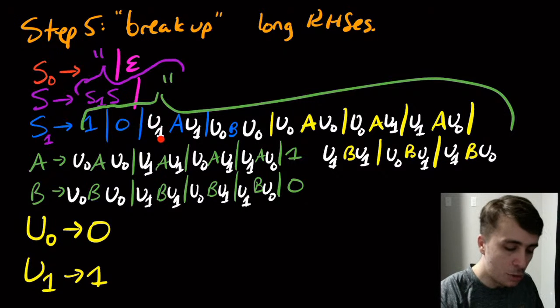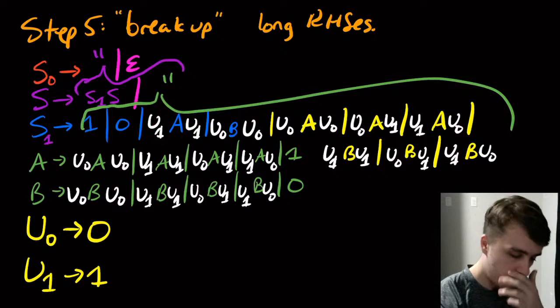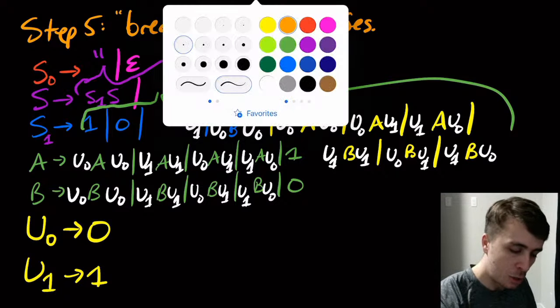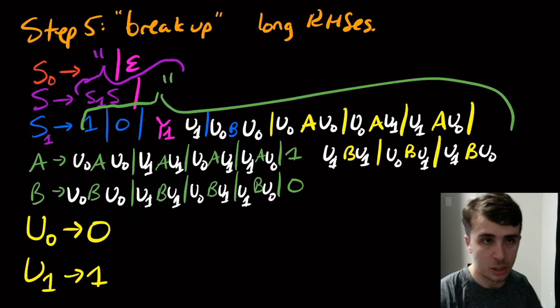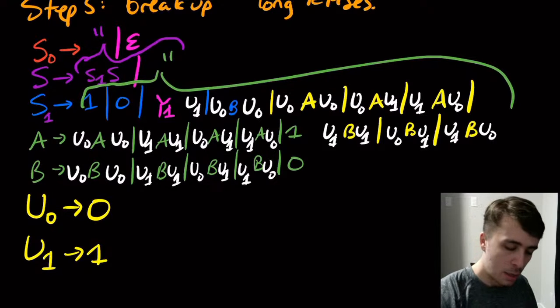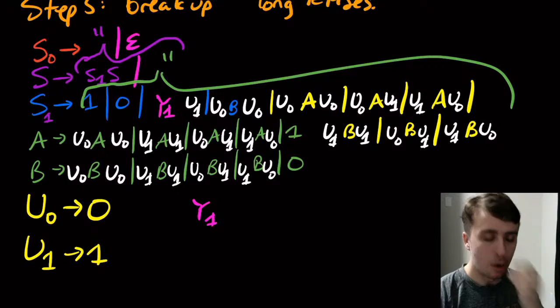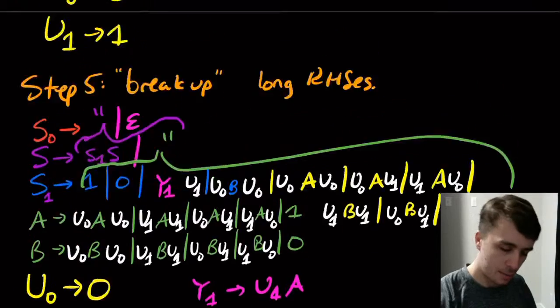So the way that you do this is you will pick 2 variables out of, say, this triplet right here. I'm going to pick those 2, delete them, and insert a brand new variable I'm going to call Y1. Nothing to do with the U1 there, it's just a new variable. So Y1 is going to make what was there originally, which was U1A, I think.